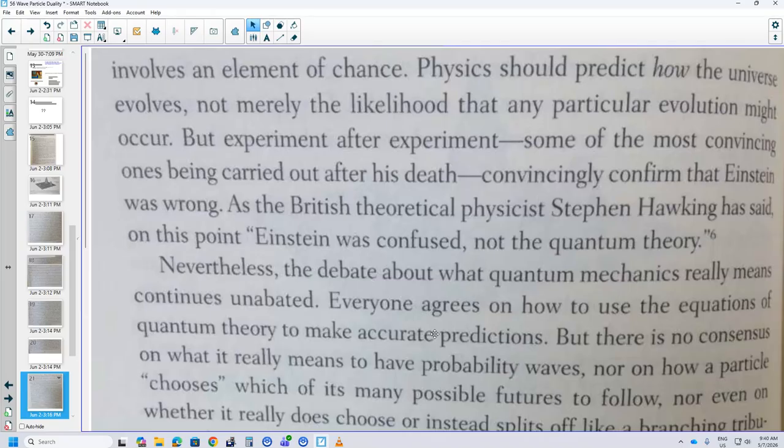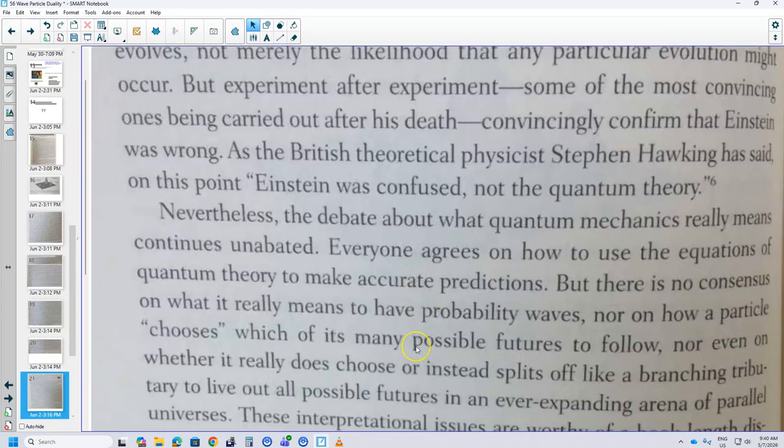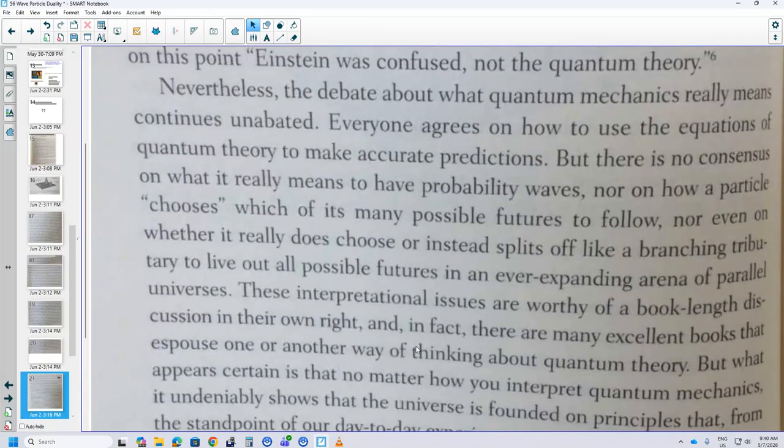But experiment after experiment, some of the most convincing ones being carried out after Einstein's death, convincingly confirmed that Einstein was just flat out wrong on that. As the British theoretical physicist Stephen Hawking has said on this point, Einstein was confused, not the quantum theory. Nevertheless, the debate about what quantum mechanics really means continues unabated.